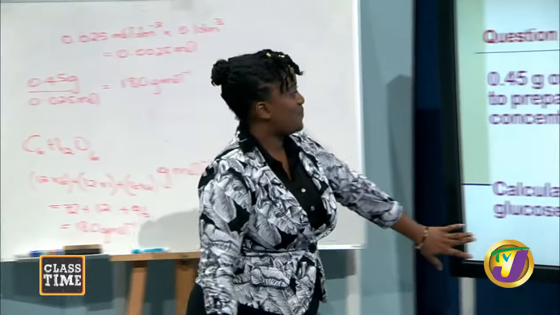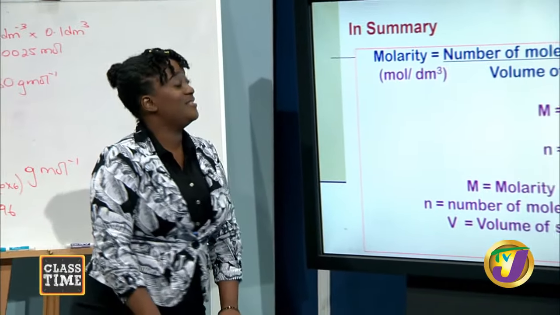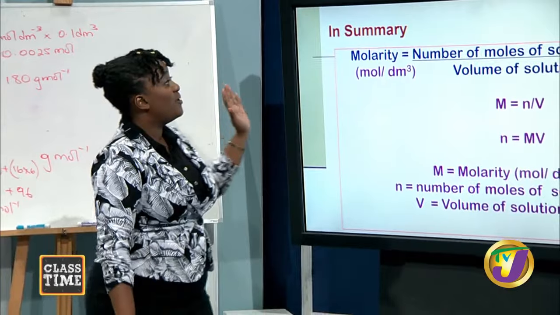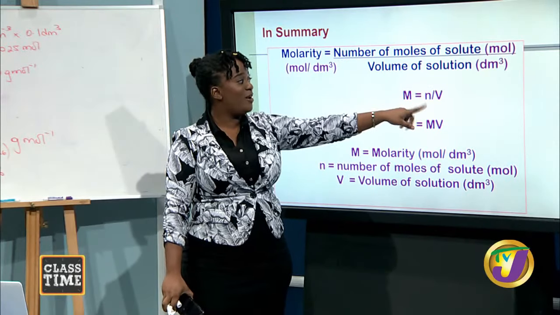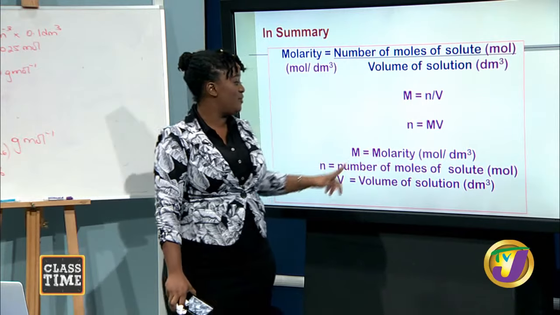So let's summarize. Now, molarity is equal to number of moles divided by volume of solution. And the unit for molarity is mole per dm cube. Right? Now, molarity is equal to number of moles over volume.